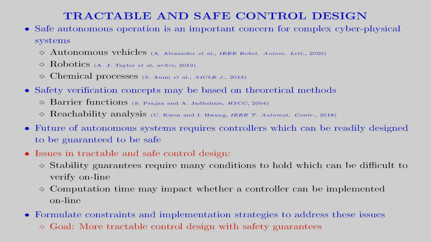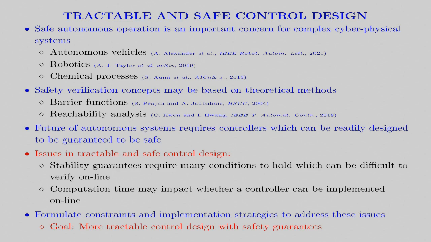To begin, I will first be talking about why tractable and safe control design is important. For cyber-physical systems in which a machine is interacting with its environment, safe and autonomous operation is key to achieving the best possible performance. Safe and autonomous operation requires controllers which can be designed readily to guarantee safety. However, generally, it is difficult to design controllers to meet these requirements.